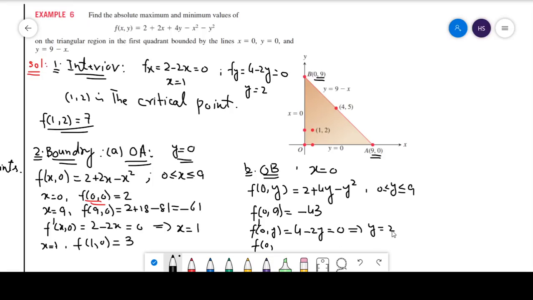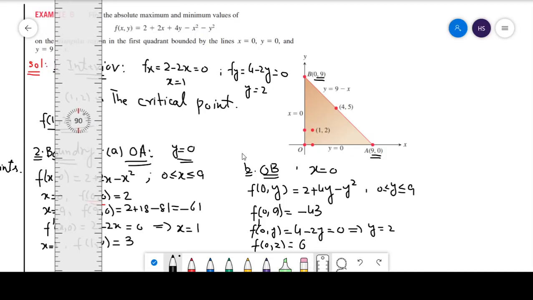In this case, the critical point is 2. So f(0, 2) is equal to 6. Now we have checked the boundary points on this line. So that left us with this oblique line, right? So let's talk about that.